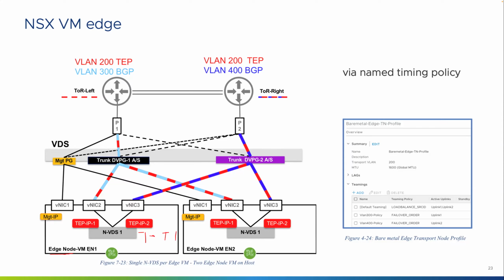The edge node VM has its own NVDS switch. You can have one, two, or more than two, and that's okay, but generally here there's one NVDS for this edge node VM.